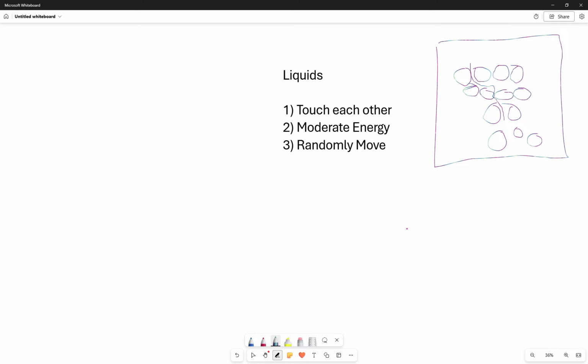Okay, now I have gases. So gases have a random arrangement, and molecules are far away from each other. They have high energy because there's a lot of space between them, and when heat is supplied, they also randomly move, random movement.